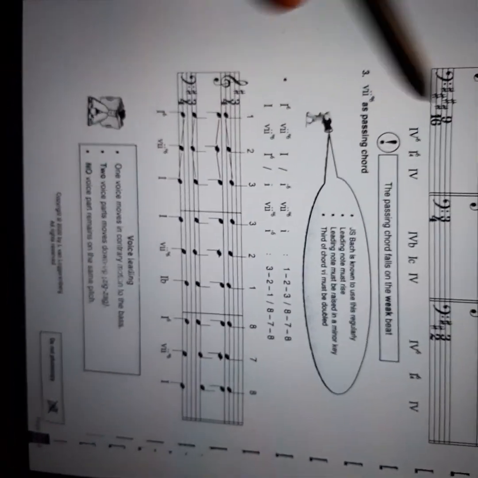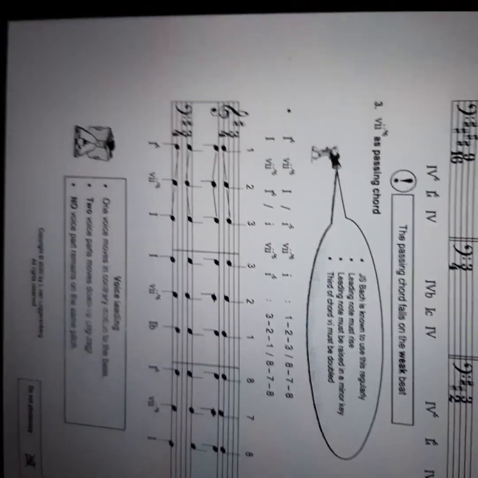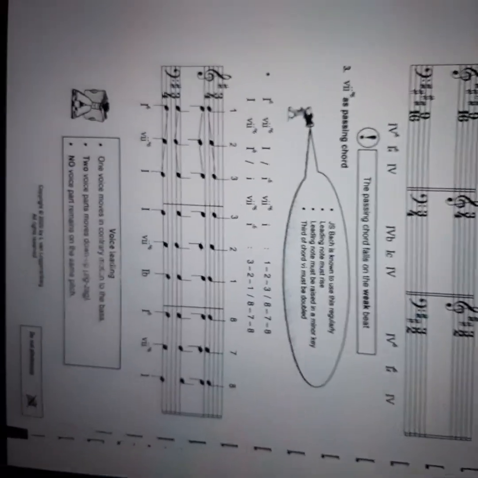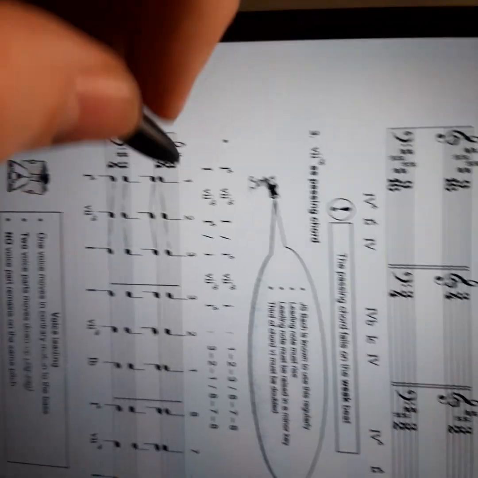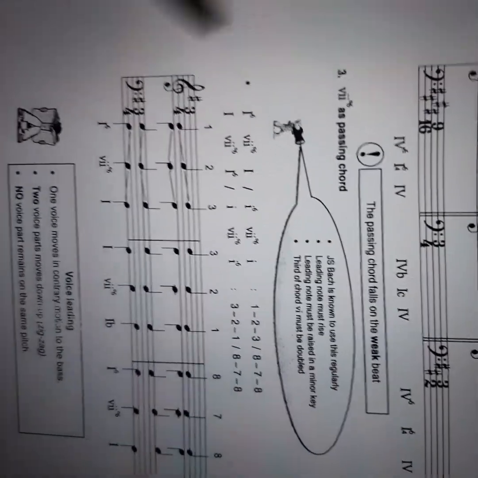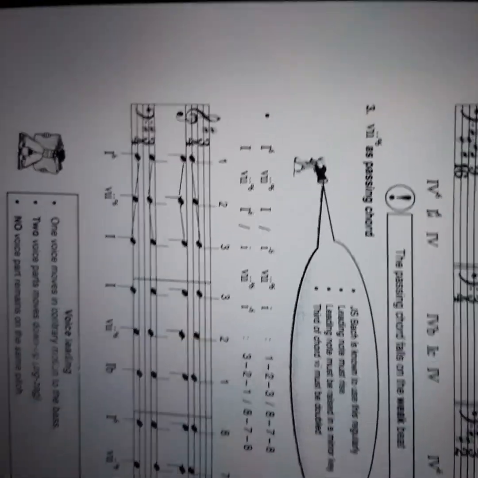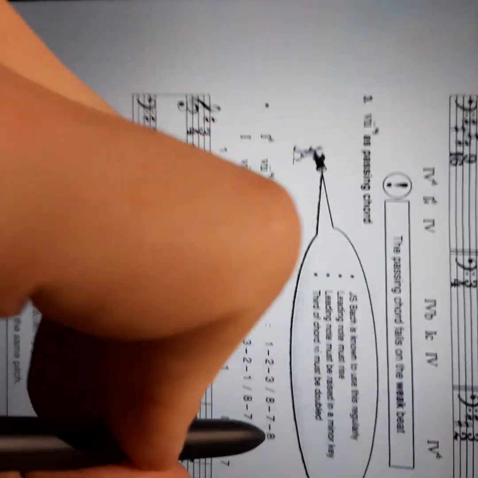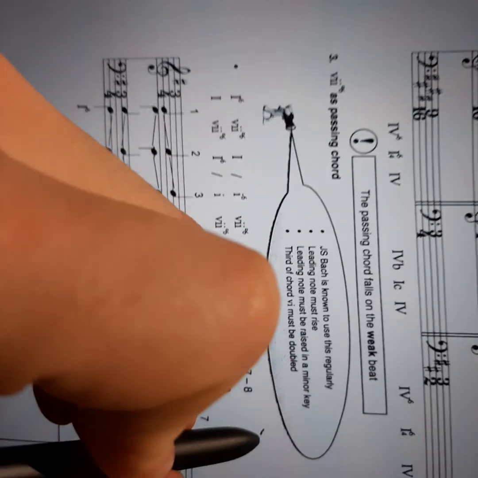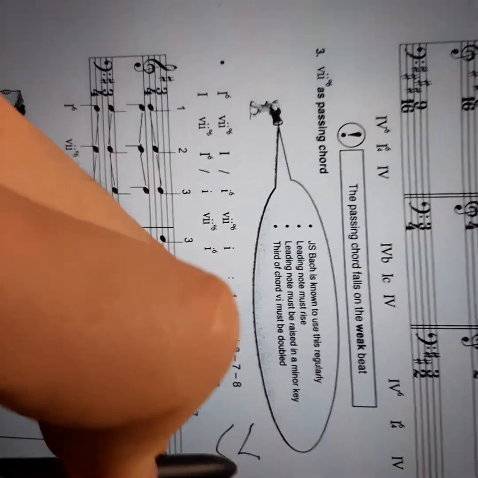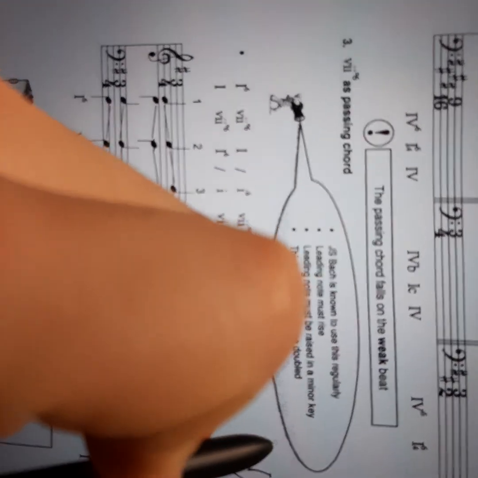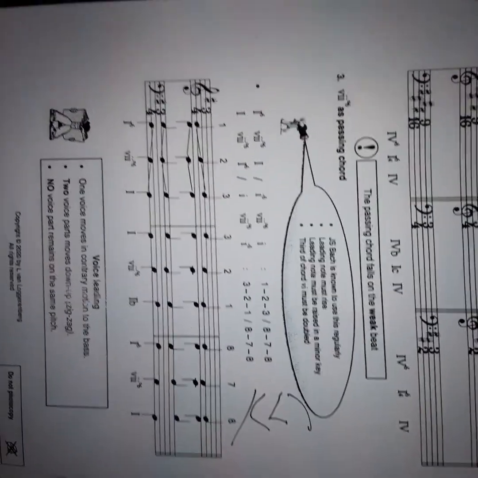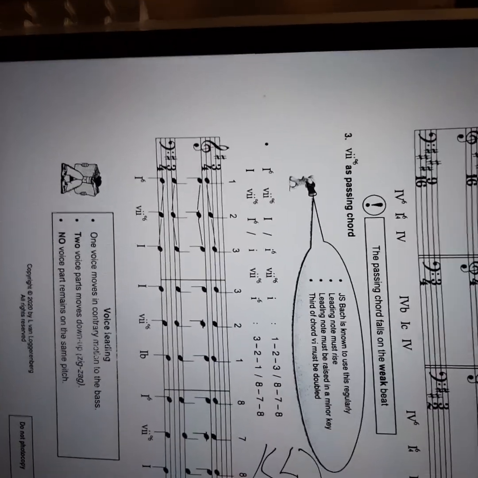And we have a third passing chord. However, this chord is not a 6-4, it is a 7-6. But the rules for the 7-6 are also slightly different from the 6-4. Like indicated here, two of our voices move in a triangle pattern, and the two outside voices move either up or down, contrary to each other.